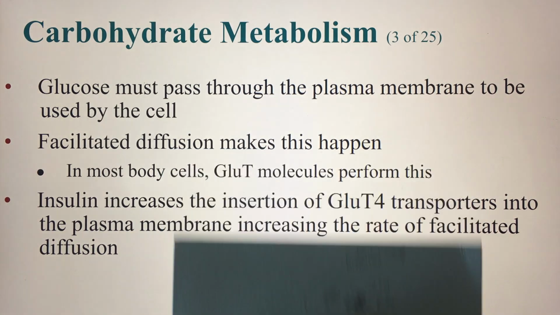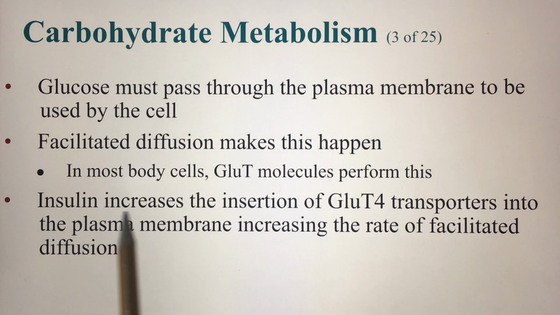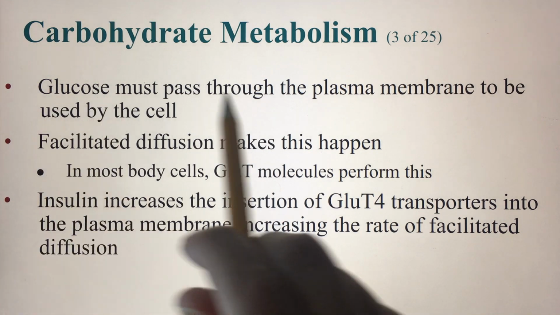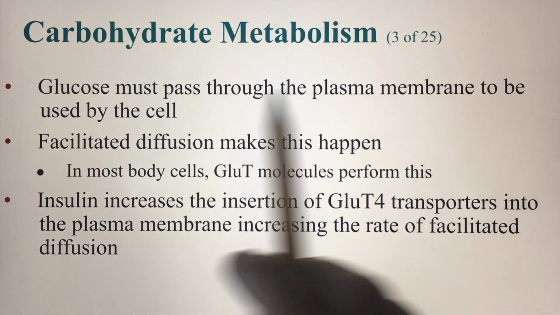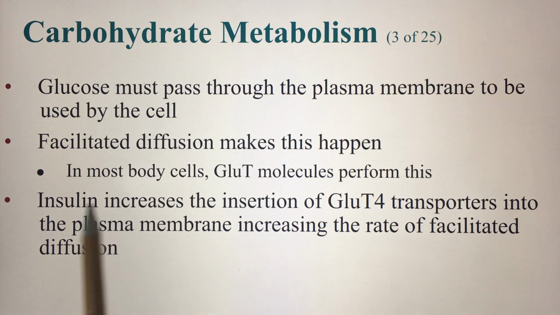Insulin increases the rate of facilitated diffusion, meaning that glucose passes through the plasma membrane to be used by the cell only in the presence of insulin. Otherwise, if there's no insulin, the glucose cannot get inside of the cells, and glucose stays in the blood.